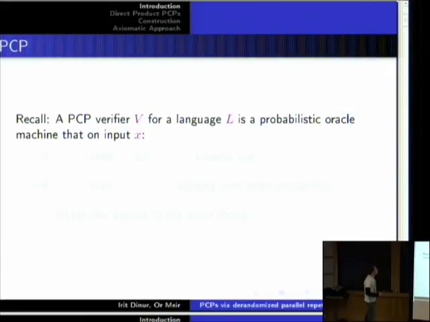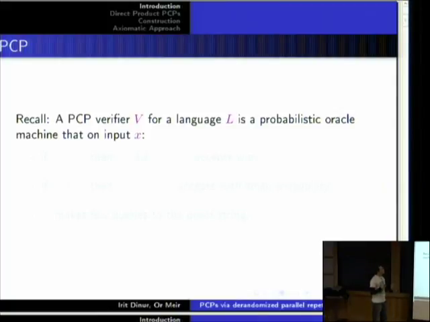Okay. So just to review what a PCP is. A PCP is a proof system that allows verifying that some claim holds by reading only a few symbols from some auxiliary proof.